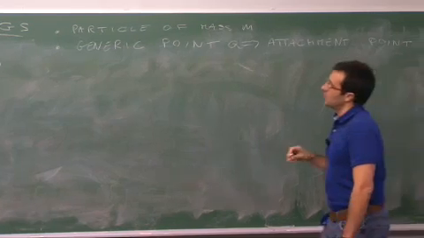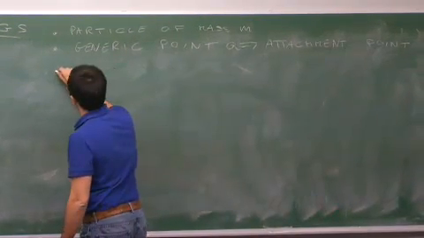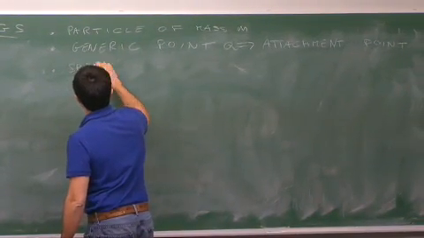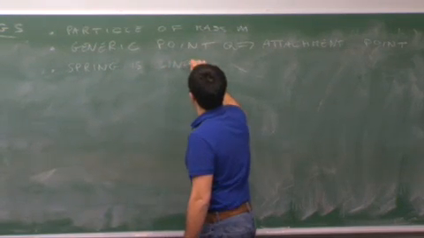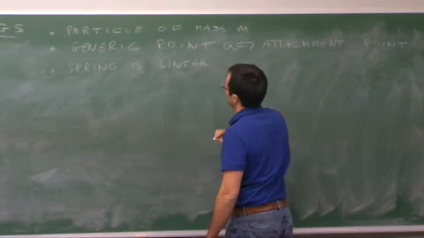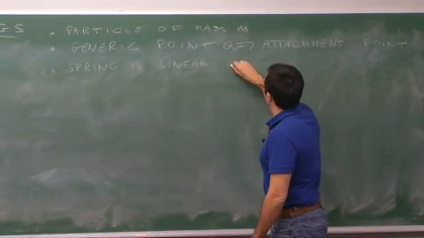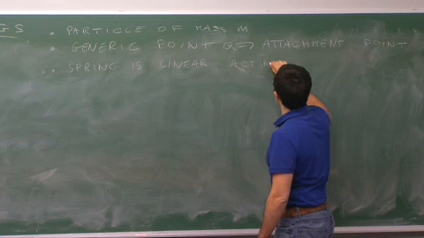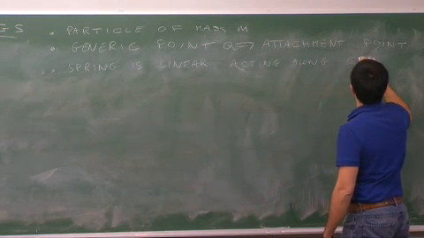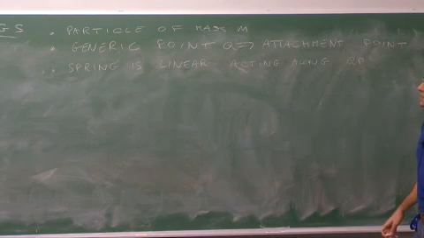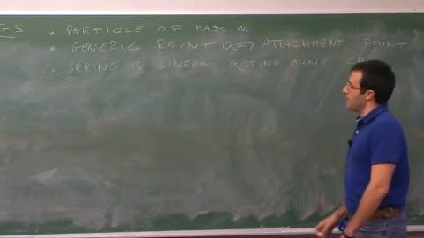And I'm going to say that the spring is linear. I'm going to say a little more about that in a second. Acting along QP. So the force that it can exert is along that direction.